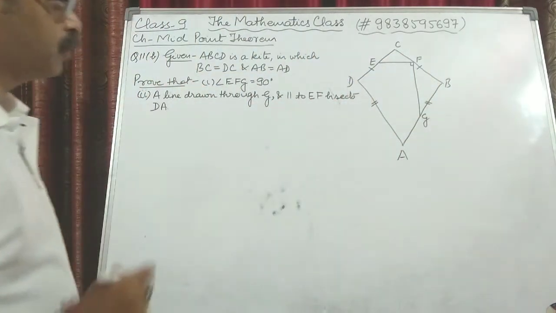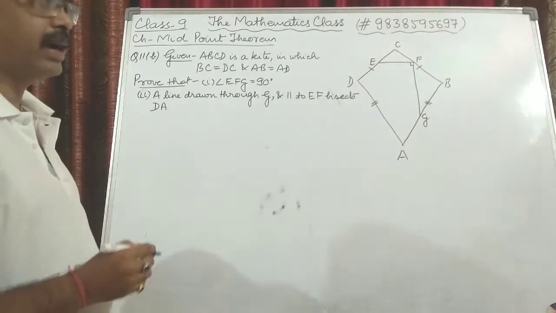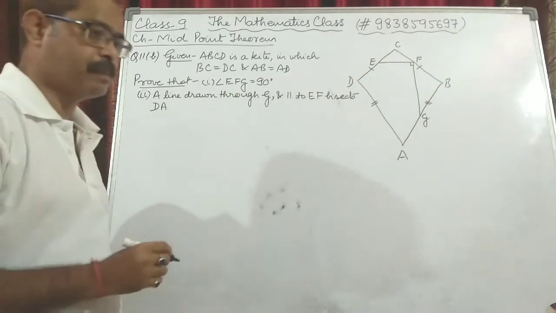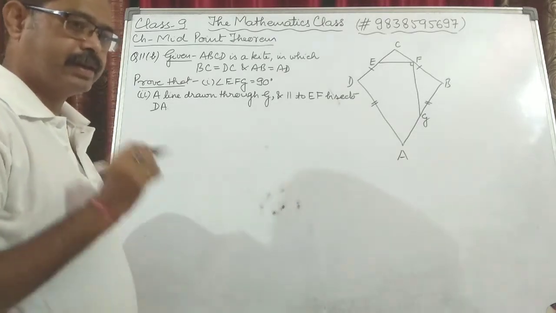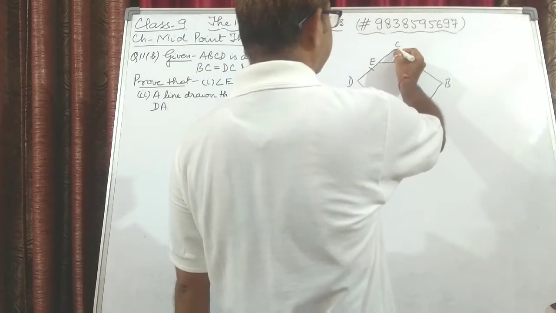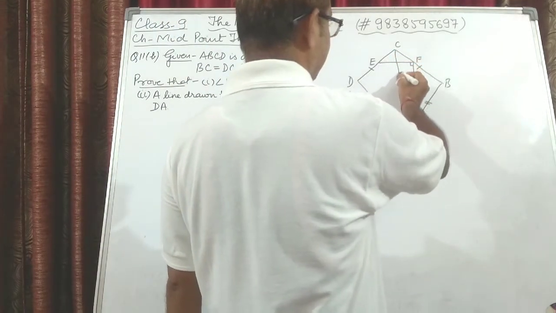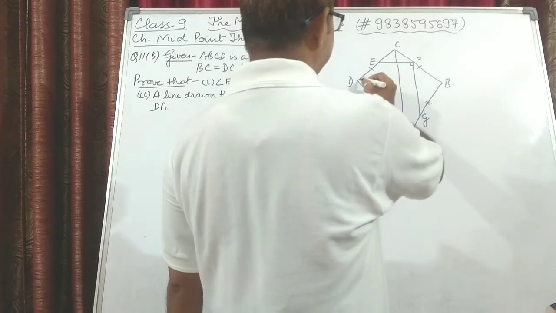Now what do we do? First of all, we will draw the diagonals of the kite, and we should remember that diagonals of the kite intersect each other at right angles. So AC will be the diagonal. I am drawing AC and BD.